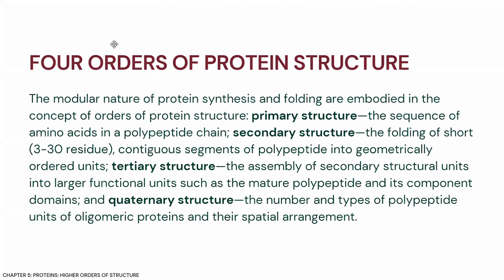Tertiary is the assembly of secondary structural units into larger functional units. And you have different foldings, no? And quaternary is when you have several subunits, two or more subunits.